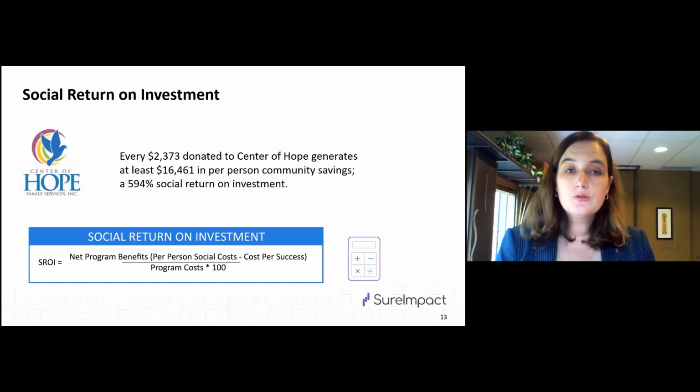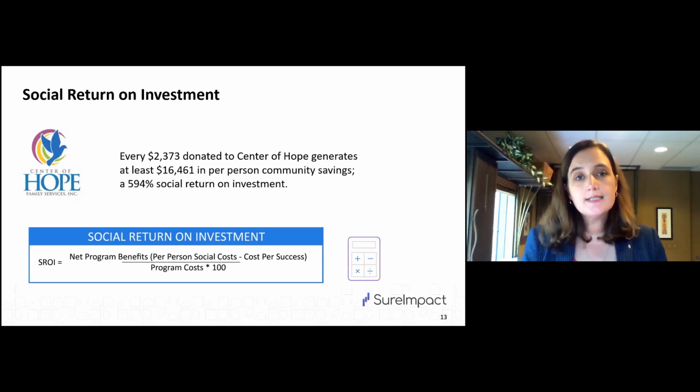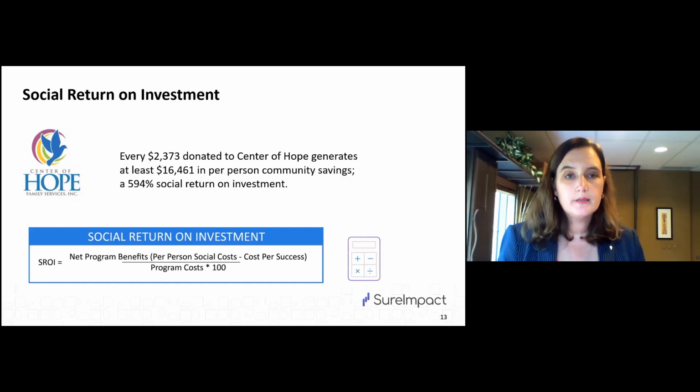Now, we did not assume that 100% of the clients who were not successful were going to incur those costs. What we did is we calculated what that cost is for one person over a year for unsuccess, but then we also adjusted those costs for probability.